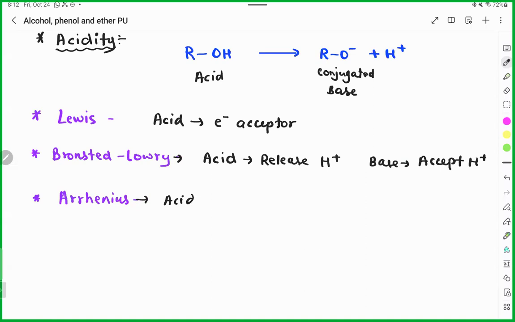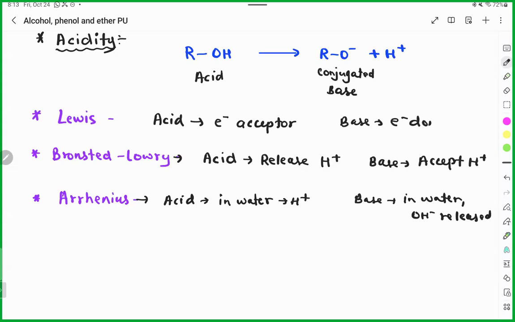Sir, Arrhenius acid is a substance which dissociates in water to produce H plus ions. Yes. And base is important. In water, they release H as positive ion, and base is OH minus ion. Yes. In water, they give OH negative ion. And so base is electron donor.